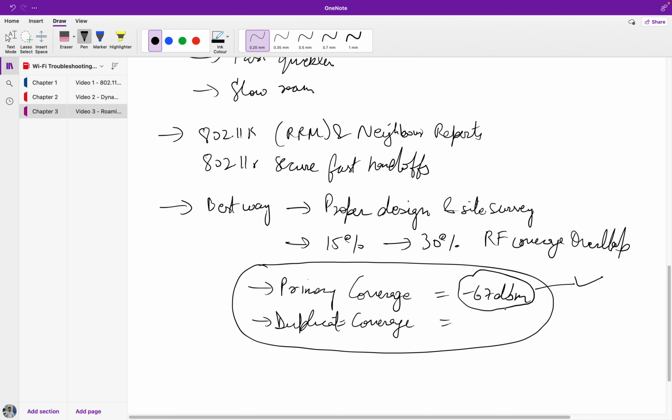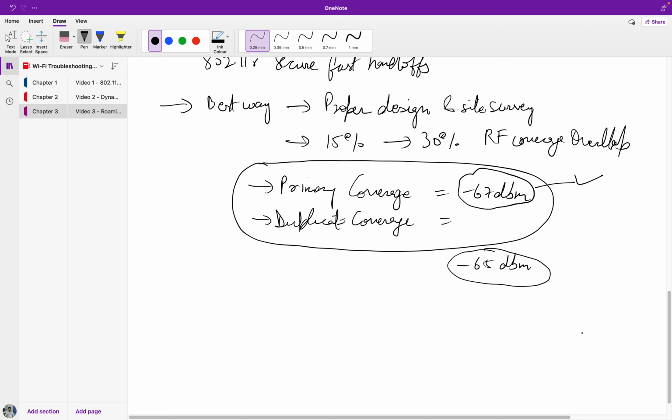If I'm deploying a voice network, I would change it to minus 65 dBm, just to keep some buffer, and keeping in mind some change in the network and the environment also. I also want to make sure that the client is able to hear at least 2 APs at one point in time, so that if roaming needs to happen, it can happen.